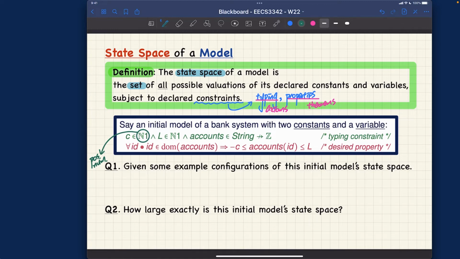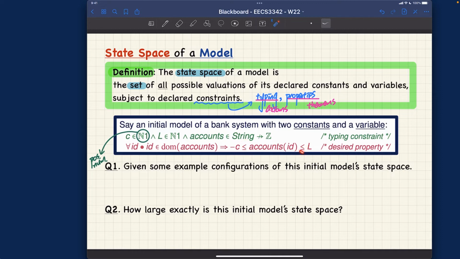Right, let's take a look at the desired property over here. We say for every ID, like a string, where ID is a member of the domain of the accounts, we're saying that ID is such a string that will be in the domain of the accounts, like a valid account ID. It will be the case that the balance of that particular account ID is going to be in between these particular limits.